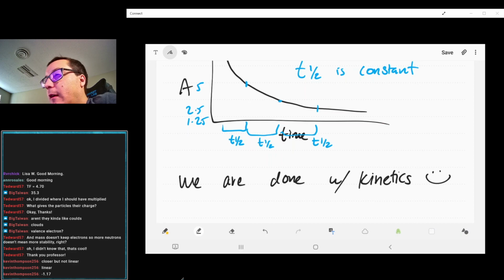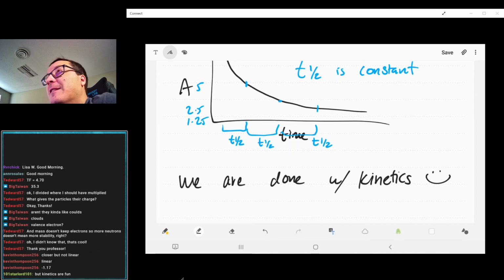Tomorrow we will start equilibrium. Unless you guys have more questions about kinetics, I'm happy to go over those. We have time. No, kinetics are not fun. Well, maybe they are. It's just too much general math for my taste. Not that equilibrium will be any better, but hooray.